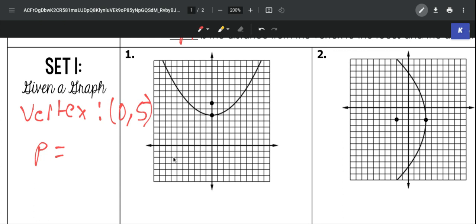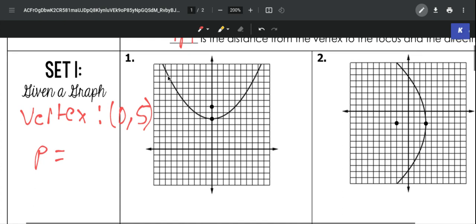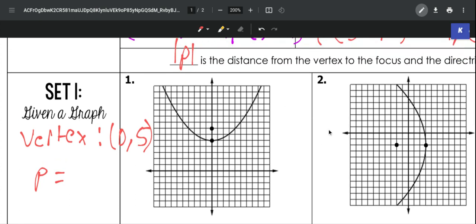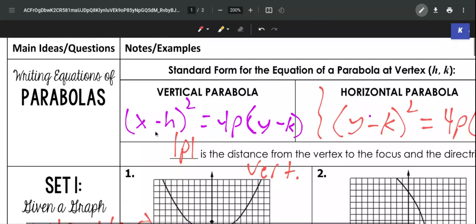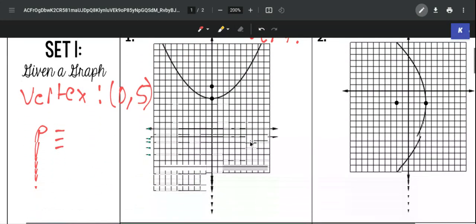And it's also just good to note that this parabola opens up, which means it's a vertical parabola, because a vertical parabola is the only one that can open up, or it may open down. So since it opens up, we can already establish this is going to be a vertical parabola. So x should come first when we write our equation.